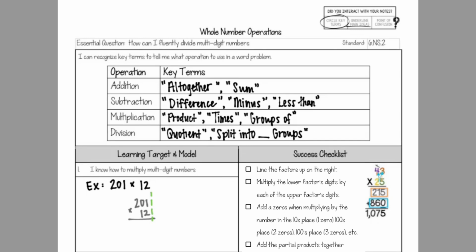Then it says multiply the lower factor's digits by each of the upper factor's digits. So if I color code these and start with the ones, I know 2 times 1 is 2. 2 times 0 is 0, and 2 times 2 is 4.